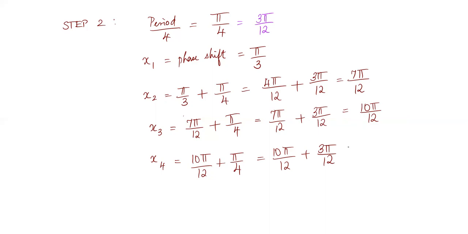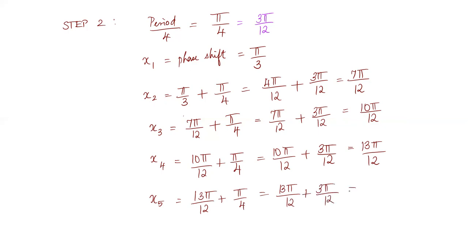So that's another way to quicken your process. 13 pi over 12, and x5 is 13 pi over 12 plus pi over 4, 13 pi over 12 plus 3 pi over 12, 16 pi over 12. Now I'd like you to check your pattern.